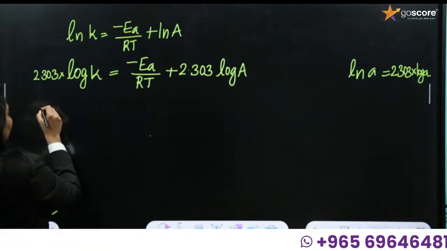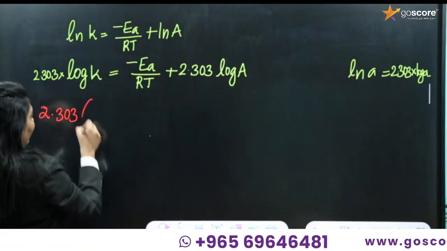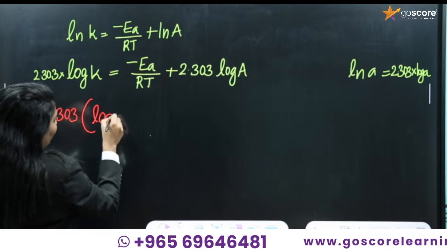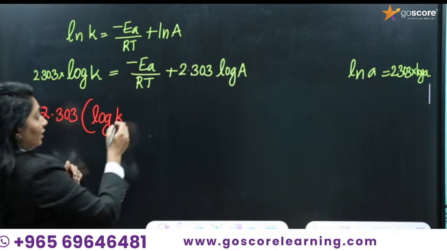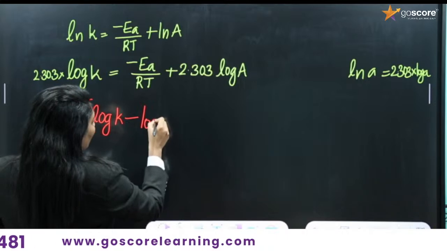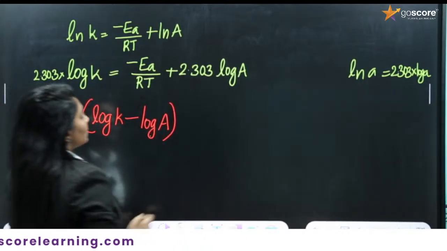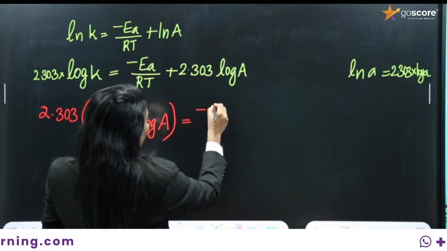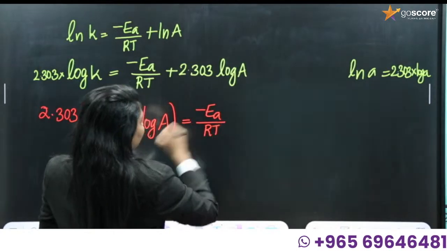See, it will be 2.303 into log K. I am taking this log A to the left side, then it will be log K minus log A, right? So this is equal to minus EA by RT.